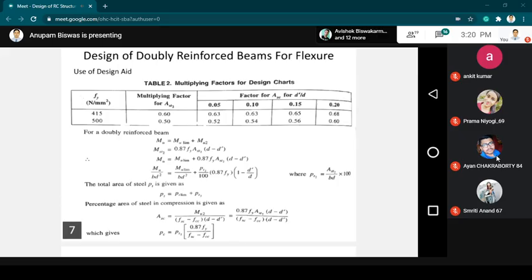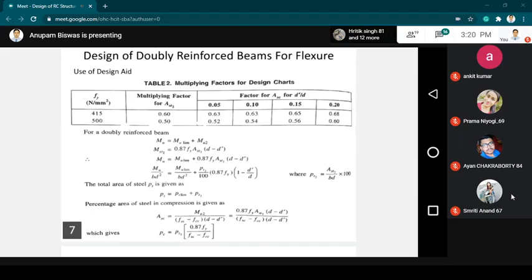Okay, next step is the use of the design aid. So the use of this design aid to find the value of compression zone reinforcement is to be discussed.